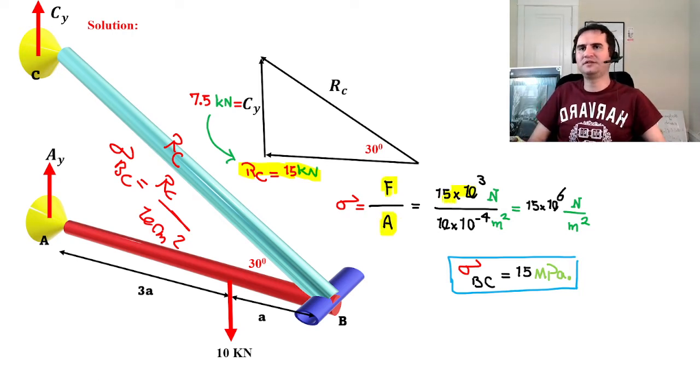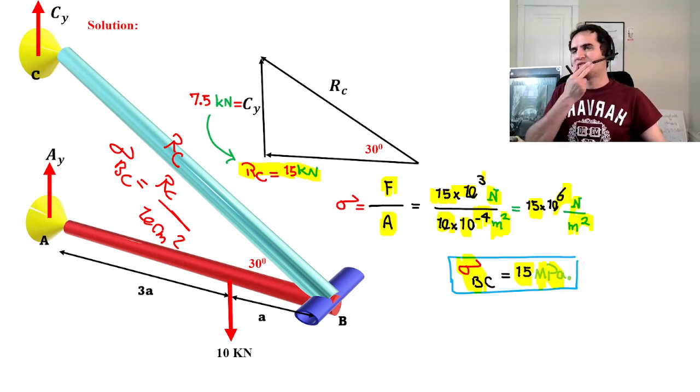We have 15 kilonewton, 10 to the 3 newton, over 10 centimeter square, which is 10 to the negative 4 meter squared, and that gives you 15 times 10 to the 6 newton over meter squared. Newton over meter square is Pascal, and 10 to the 6 is mega, so that's megapascal, and sigma BC is 15 megapascal.